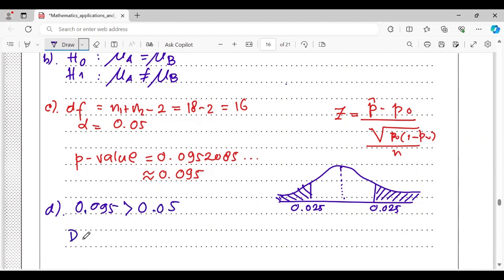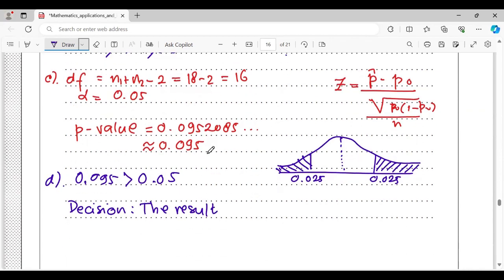The decision is the result. I will write it completely.